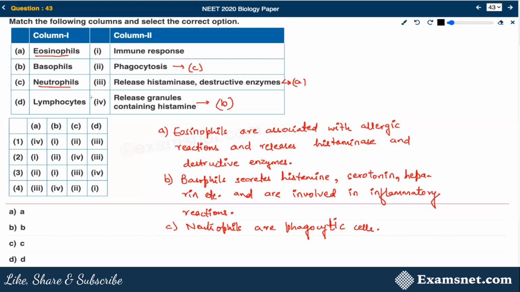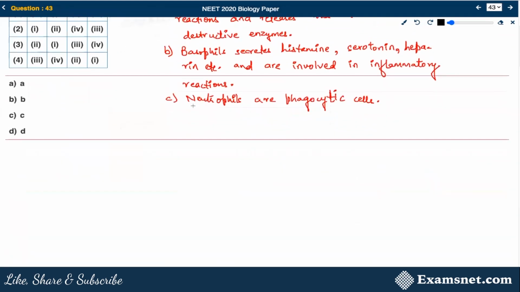All right. Now the last one left is lymphocytes. Lymphocytes are related with immune responses. Lymphocytes are basically of two categories: it can be either B lymphocytes or T lymphocytes.